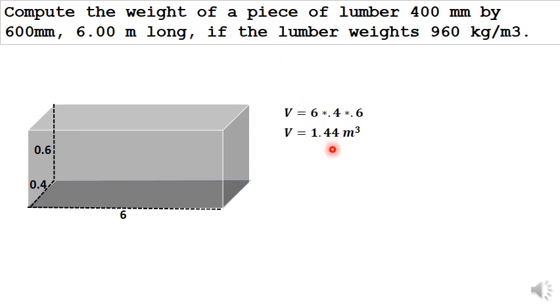According to the problem, each cubic meter of this solid weighs 960 kilograms. So how many 960 are in there? Since we have 1.44 cubic meters, and each cubic meter weighs 960 kilograms, then our total mass is 1,382.4 kilograms.